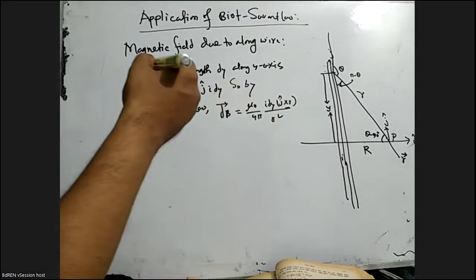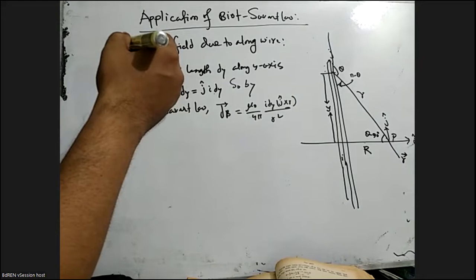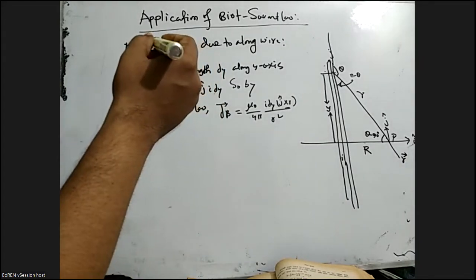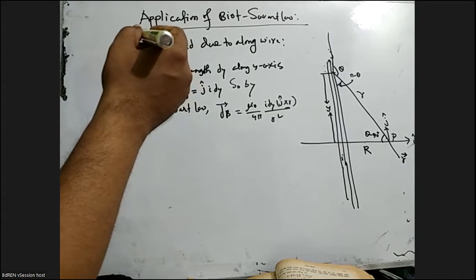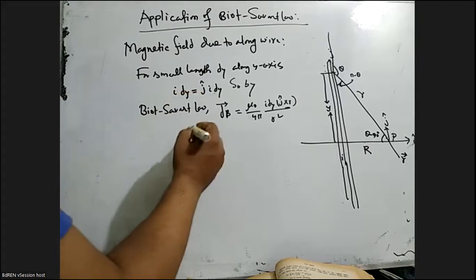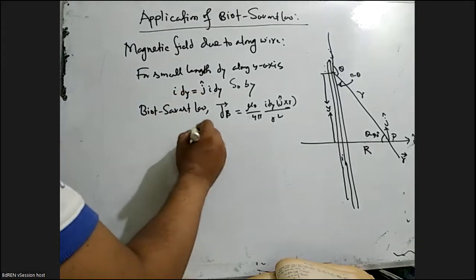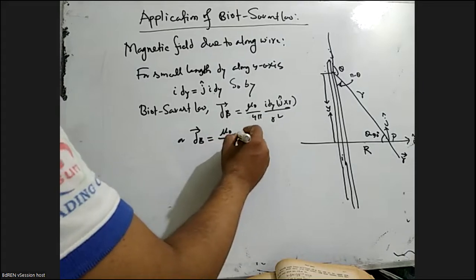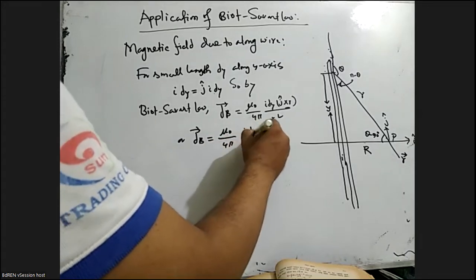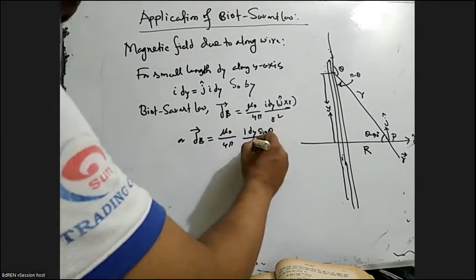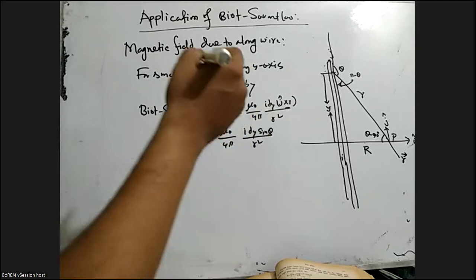So along the y-axis, the unit vector is z, and r is another unit vector. So we can write dB equals mu naught by 4 pi, I dy sin theta by r square.